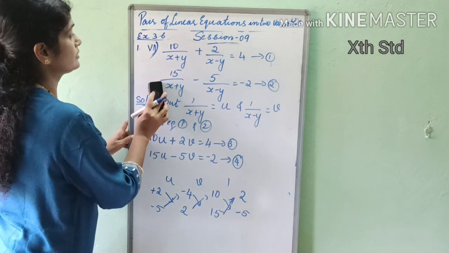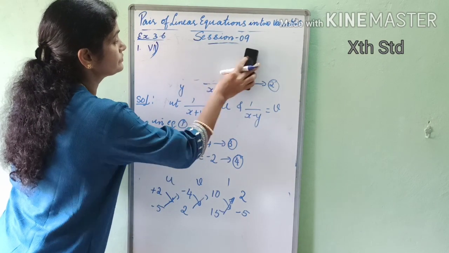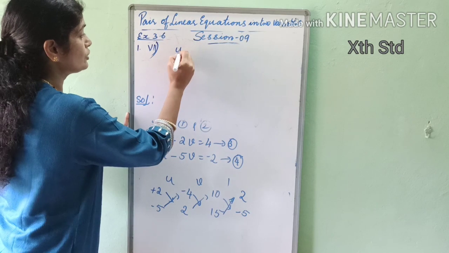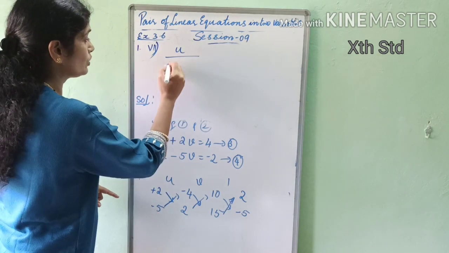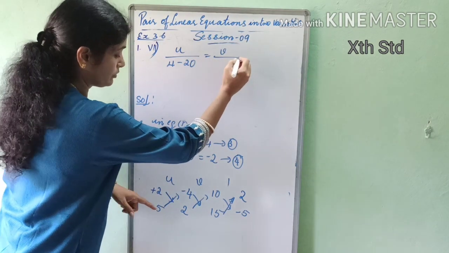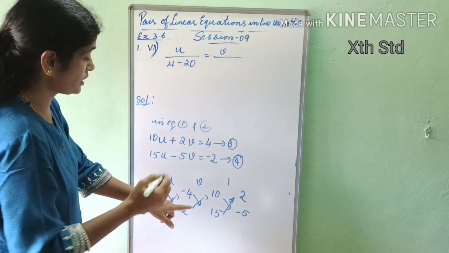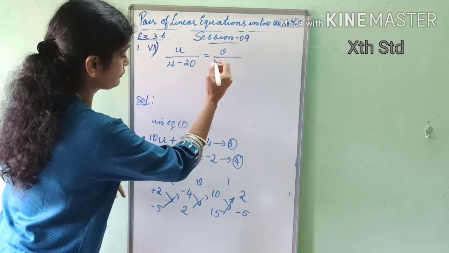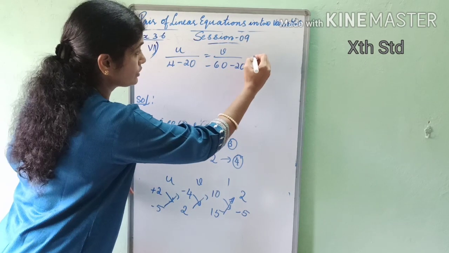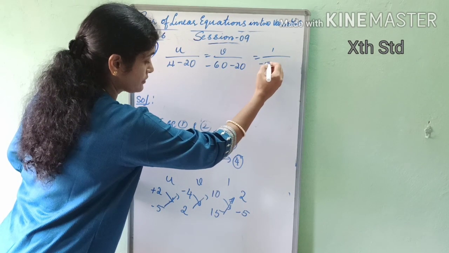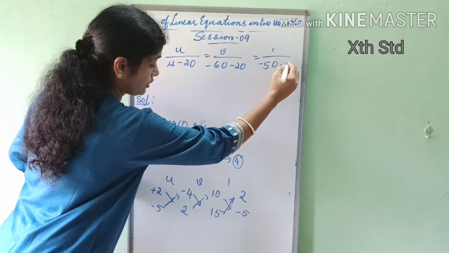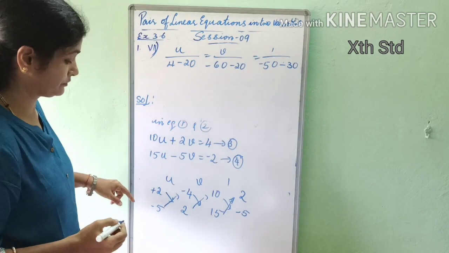Now again the arrow marks. Fine. Then solving that here, what are we getting? It is u upon 2 into 2, 4 minus 20 equal to v upon minus 15 minus 4 into 15, that is 60, minus 60 minus 20 equal to 1 upon minus 50, sorry, not plus, it is minus 30.